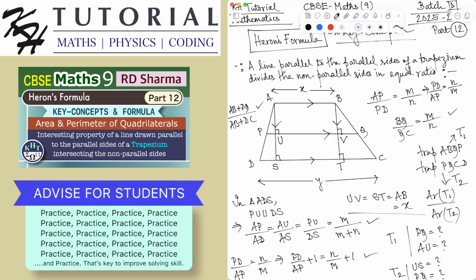If you think that I did some calculation mistake, if you think it is possible that the ratio of the trapezium ABQP and the trapezium ABCD will be in terms of m and n, where m and n are such that AP by PD, that is the parallel line PQ dividing the non-parallel sides in the ratio m is to n, that is AP by PD is equal to m is to n, and also BQ by QC is equal to m is to n.